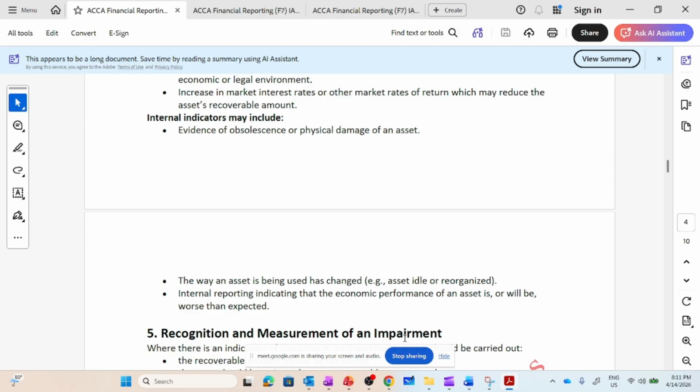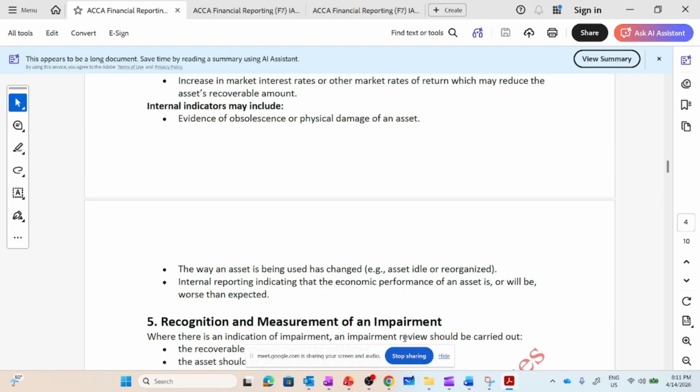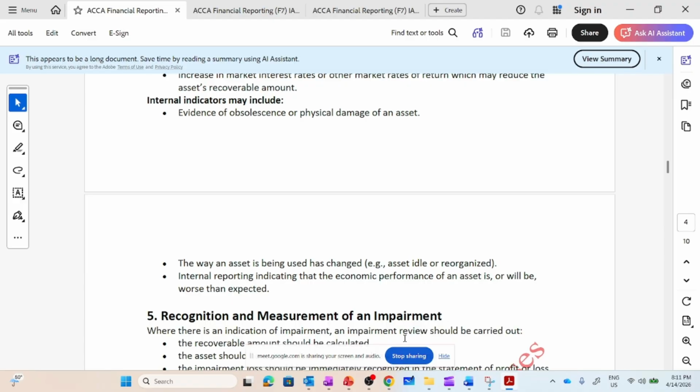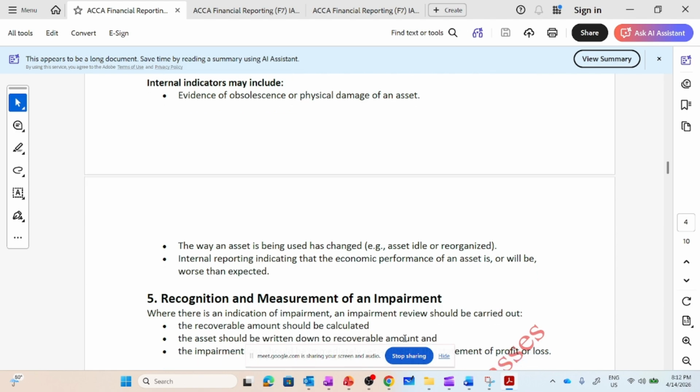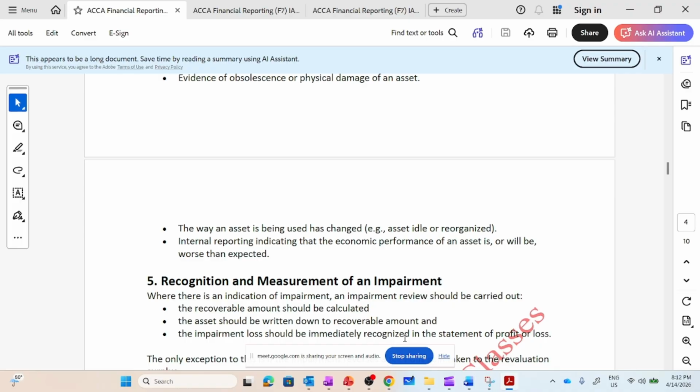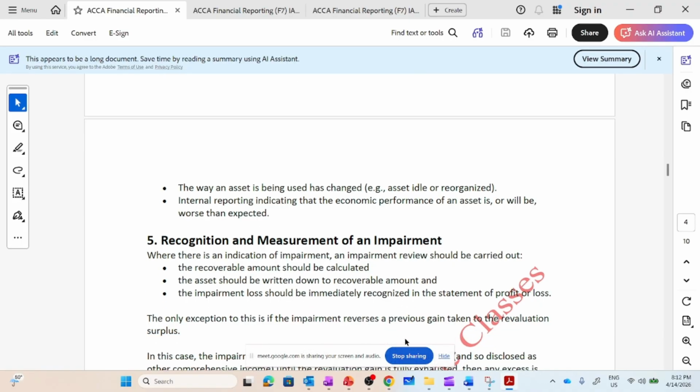Internal reporting indicating that the economic performance of an asset is worse than expected. As I mentioned earlier, if the economic benefit that we are going to generate from the asset has declined significantly, that is also an indicator of impairment. So you need to be aware of the external and internal indicators of impairment.